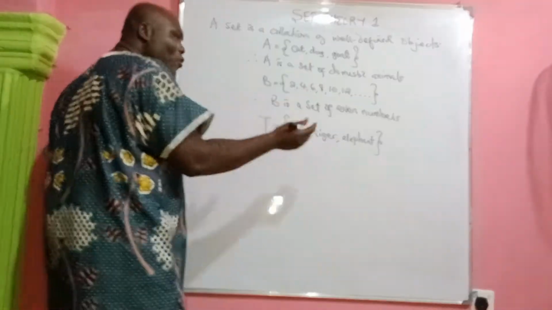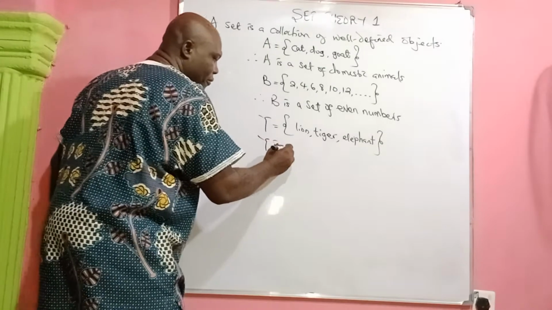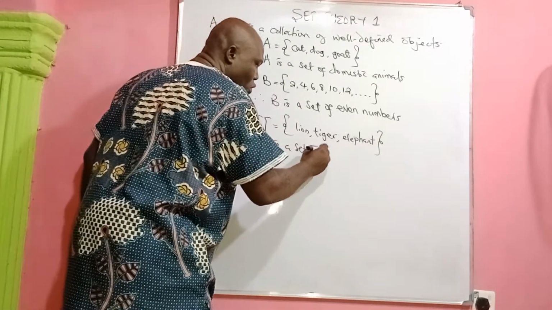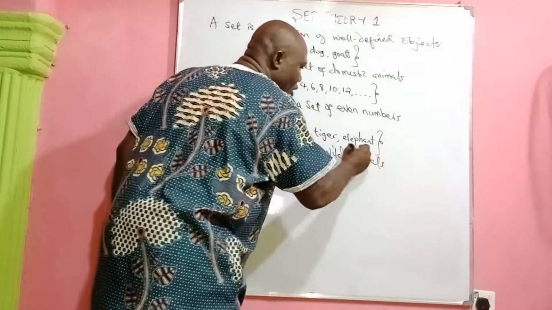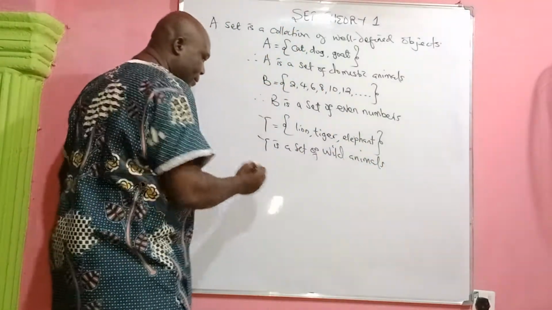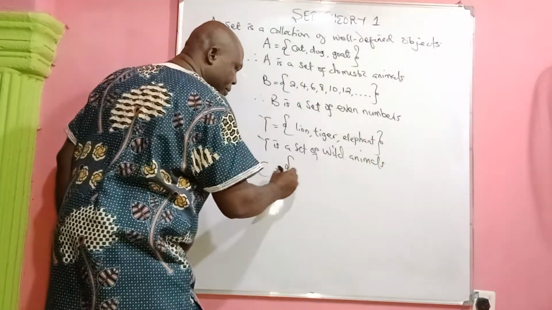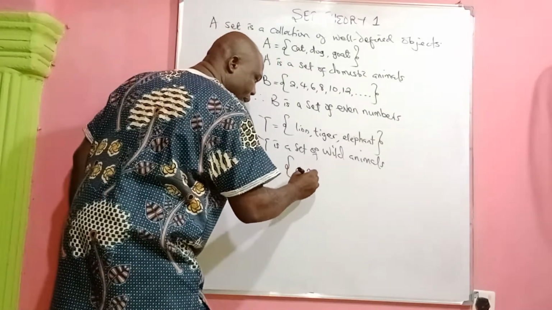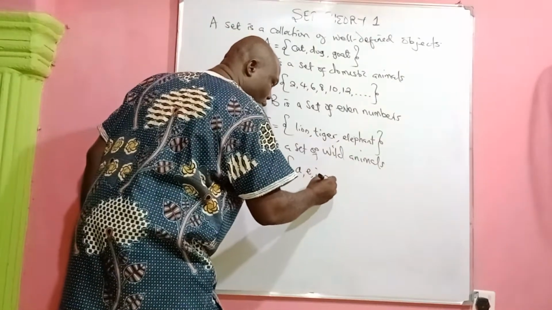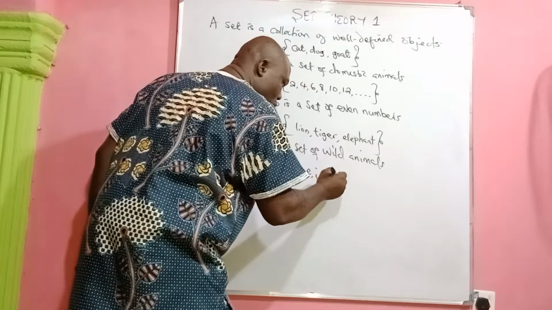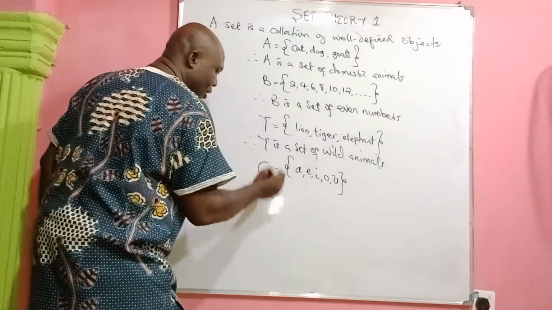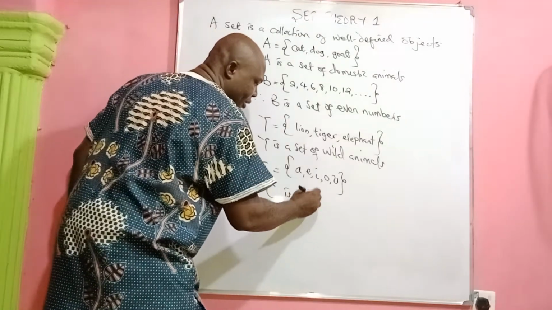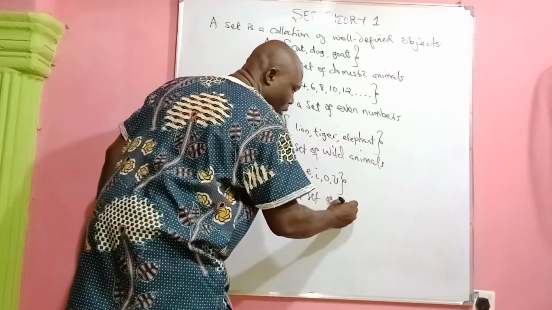Now you can say Y is a set of wild animals. And then if you have, let's say, C is a set of elements and you have A, E, O, U, you can now say that C is a set of vowels.